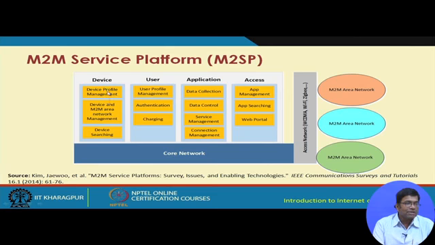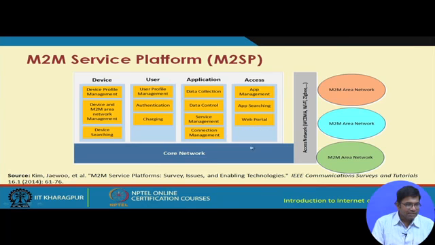So, functionalities with respect to device include the device profile management, device and M2M network management, and device searching. User profile management, authentication and charging are taken care of by the user. Data collection, data control, service management, connection management by application, and app management, app searching, web portal in the access control.